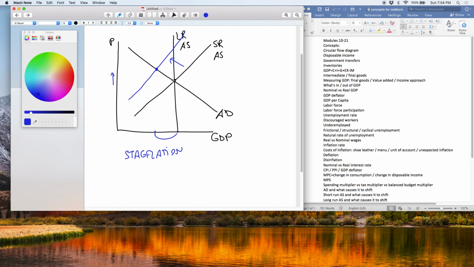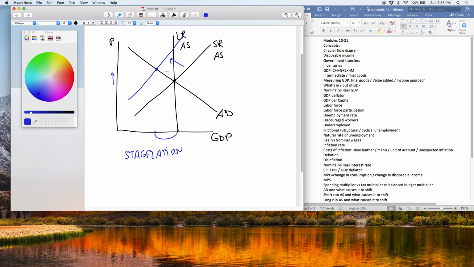In a demand-caused recession, output is shrinking but prices are falling. Or when the economy is overheating, output is growing but there's inflation. So there's always a flip side. With stagflation, there is no flip side. It's all bad news. The economy is shrinking and there is inflation.